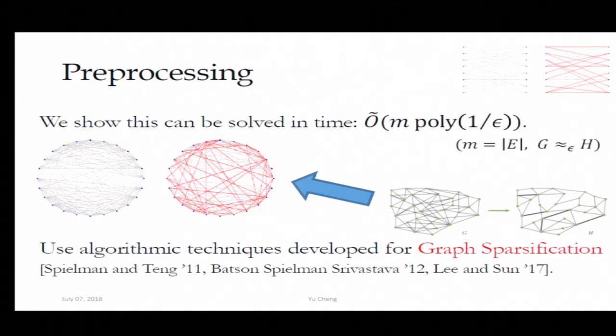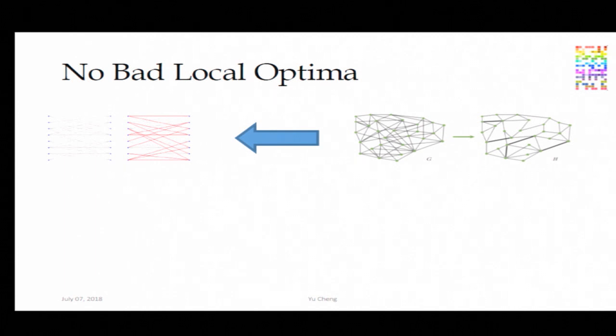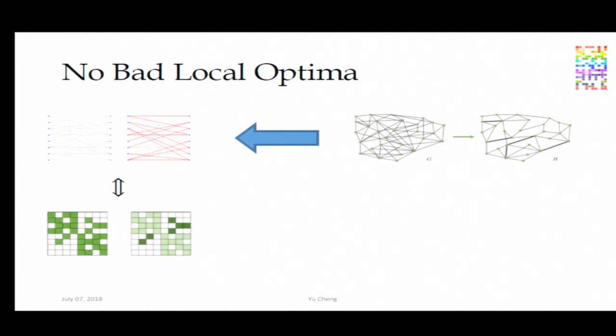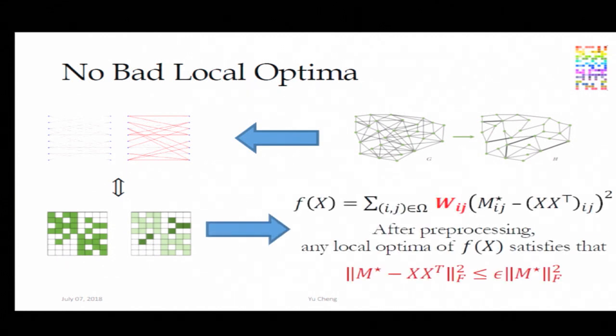It's not an immediate implication, but you can just open this algorithm and change a few things, and it will work. So after you obtain these weights from your pre-processing algorithm, you can convert them back to the matrix setting. And the other technical contribution of our work is to show that spectral similarity is sufficient for you to eliminate all the bad local optima.